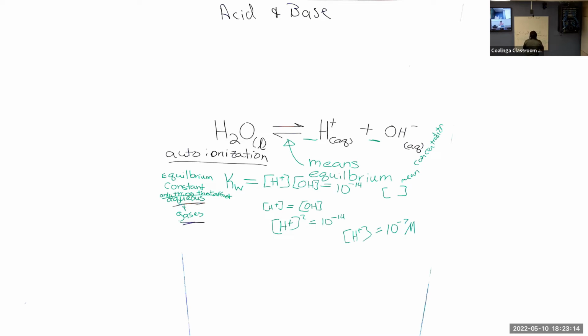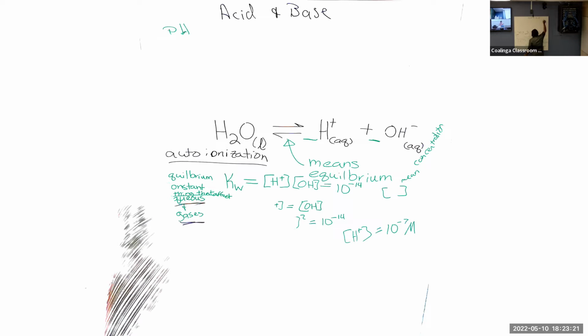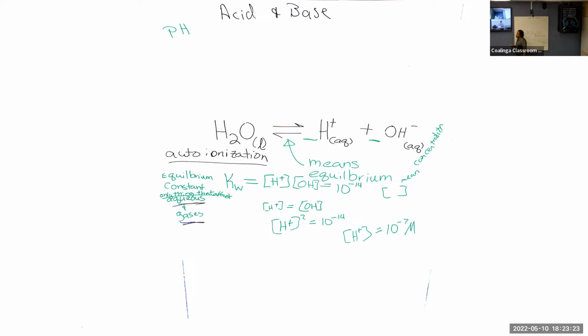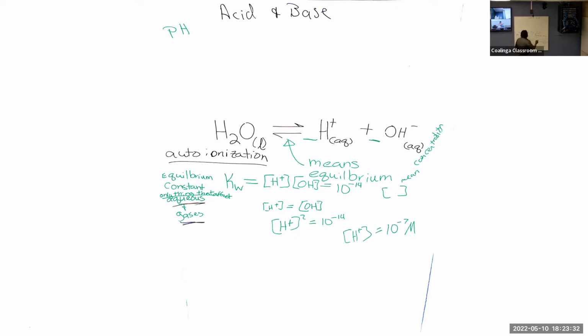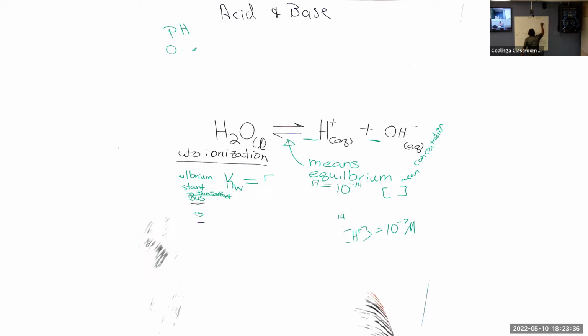Okay, so now you've heard of pH before, right? pH is this scale that we use to determine if something is acidic or basic. pH goes from 0 to 14.